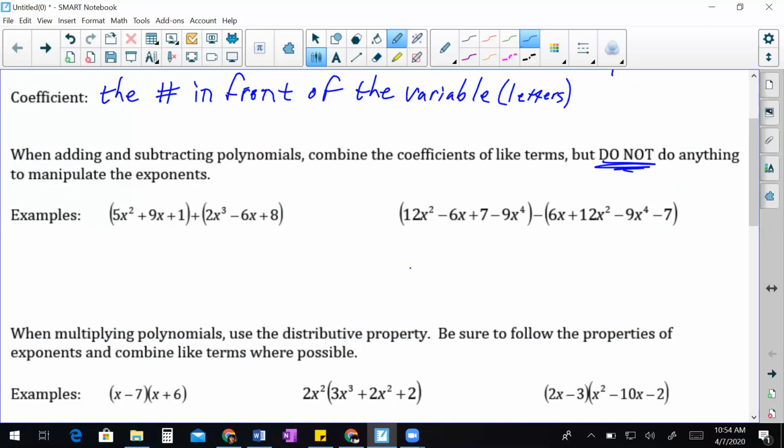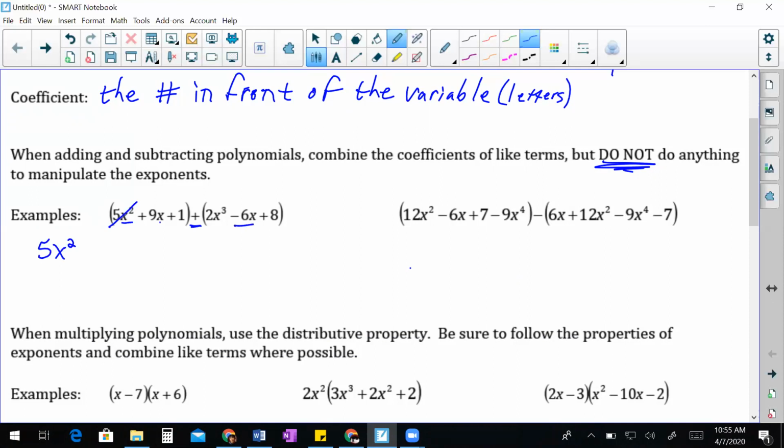So looking at the first one, x squared. Notice this is addition, so I don't have to do anything with the signs in my second set of parentheses. So 5x squared. Do I have any other x squared? No. Okay, so 5x squared, and we've done that one. 9x. Do I have any other x's? Yeah, right here.